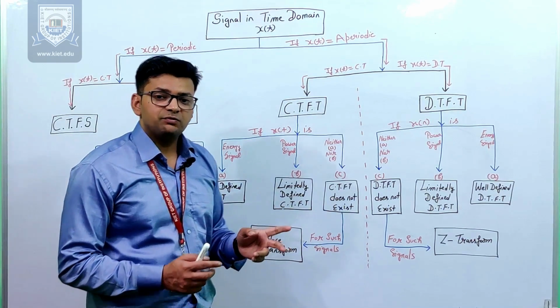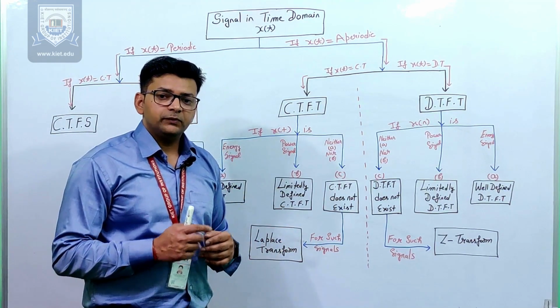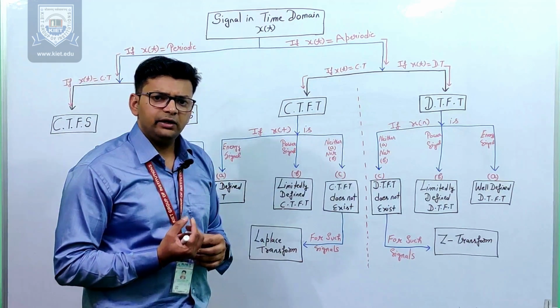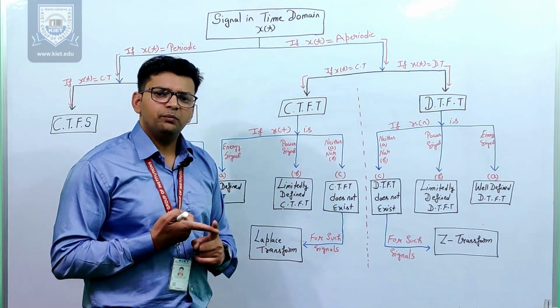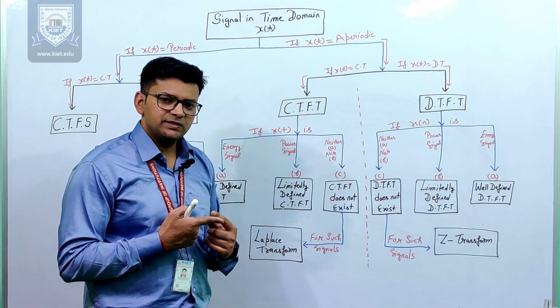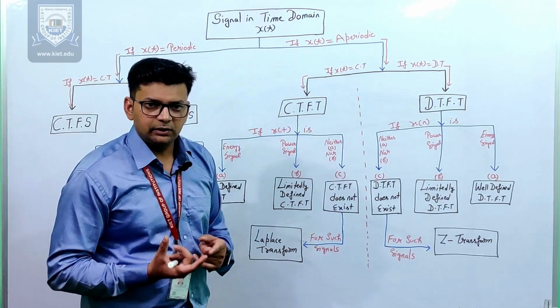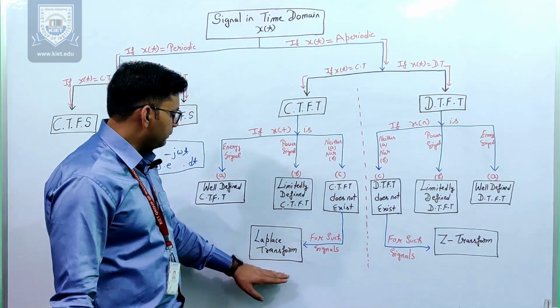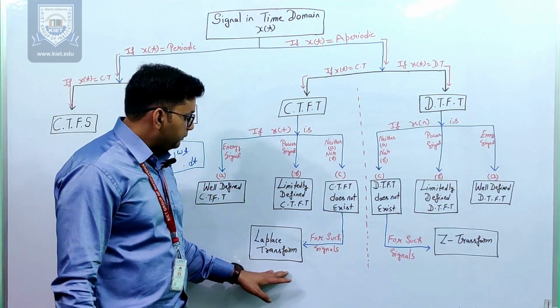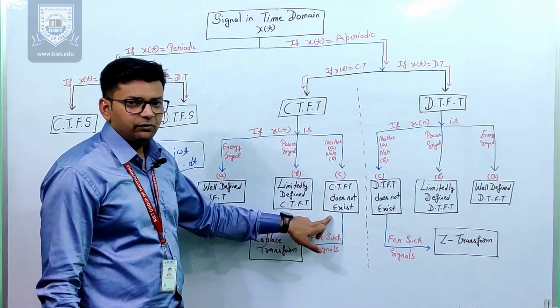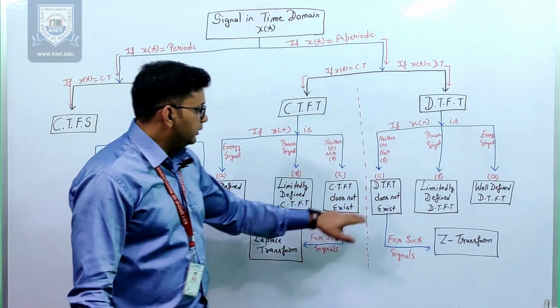So in Laplace transform we will come to know about the ROC, its importance with respect to my answer, right? Every frequency domain representation in Laplace transform is done with the help of its ROC.